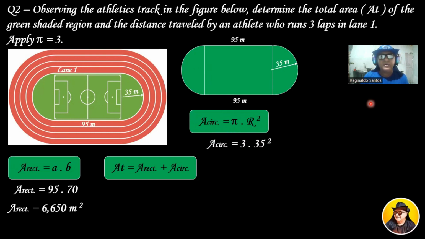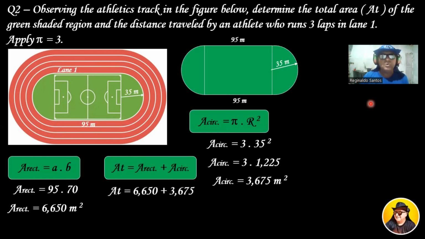The area of the circle is going to be 3 times 35 squared. Well, 35 times 35 is 1,225, times 3, so it is going to be 3,675 meters squared.